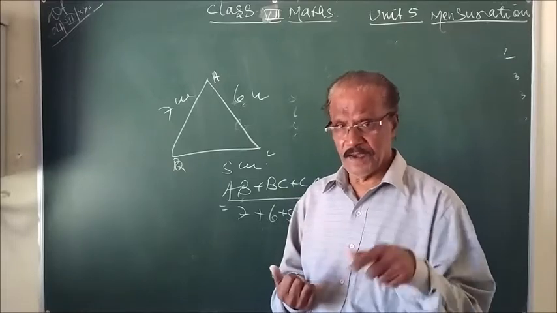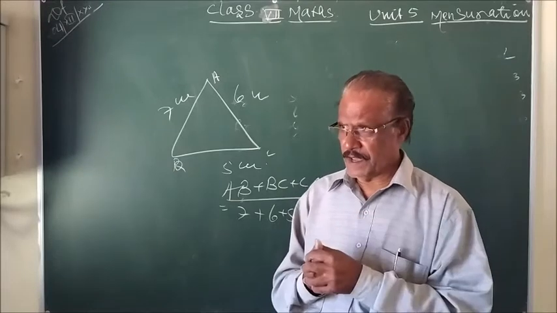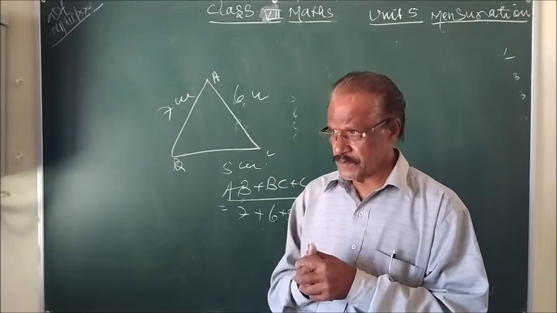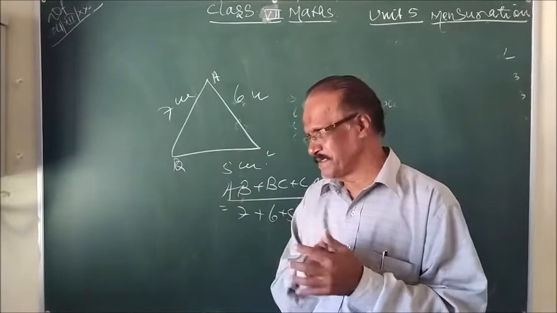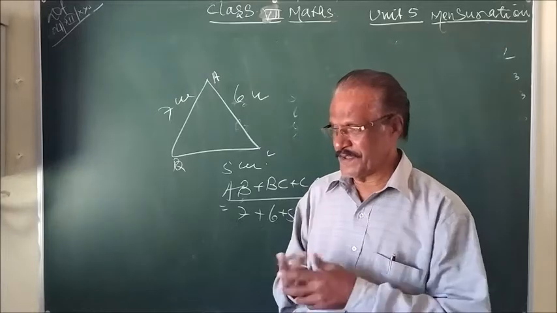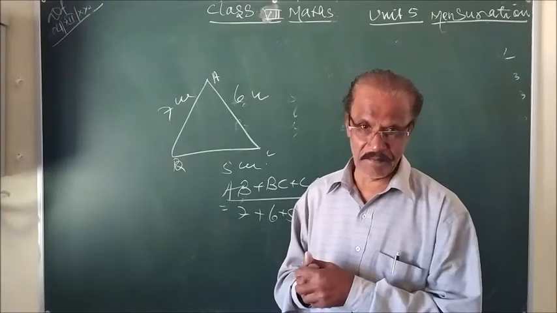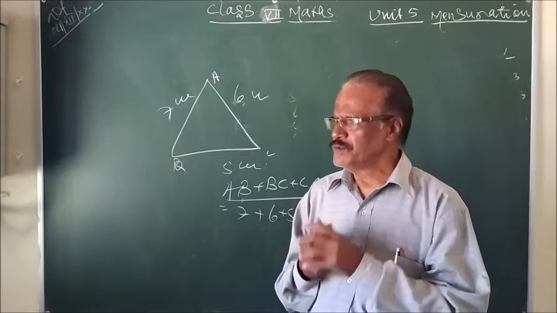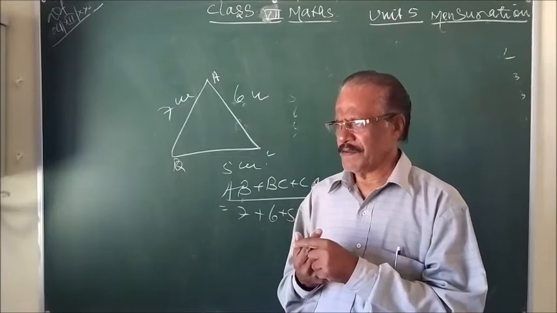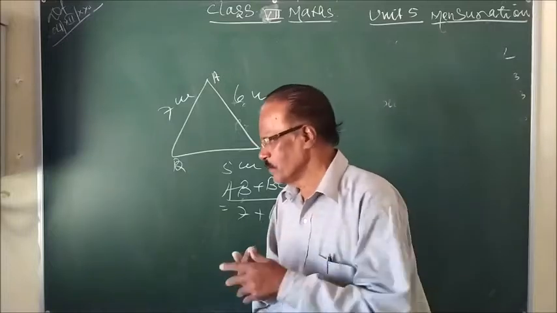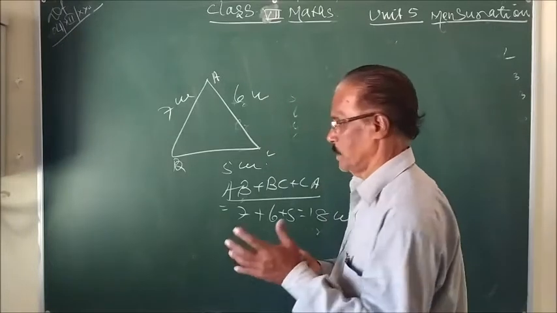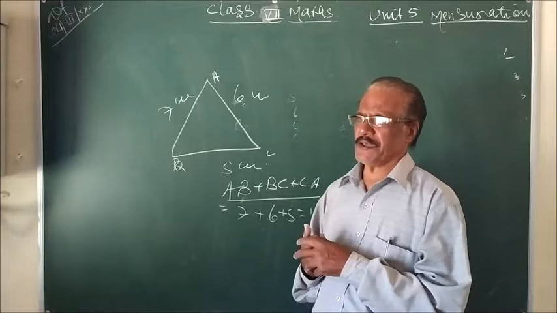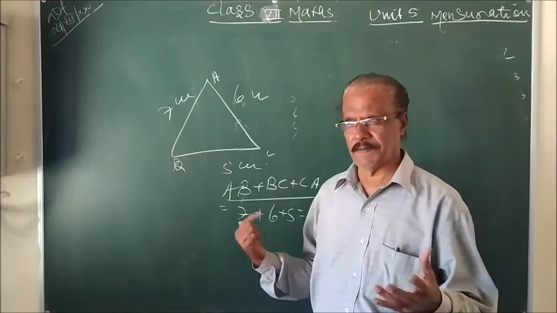What is the boundary of, suppose, your house? You measure all the sides. I don't know whether it is a rectangle or any other shape. So the concept of perimeter is that if you find the sum of the lengths of all the sides, that will tell you.